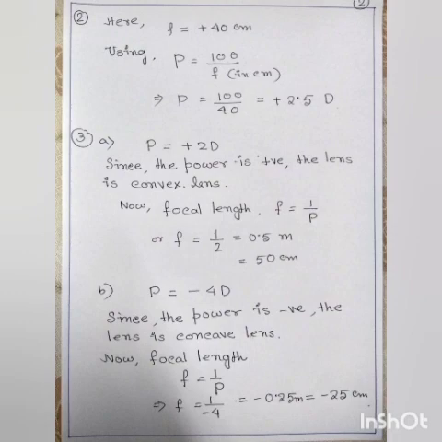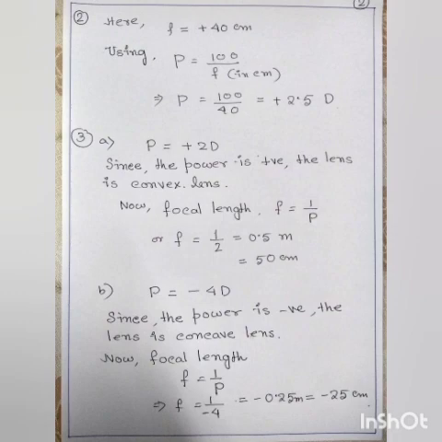Now see here, if you substitute the power of the lens, then you will get the focal length in the unit of meter. Just substitute the value of p, that is 2. So f will be 0.5 meter. Then you can convert it into centimeter, it will be 50 centimeter.